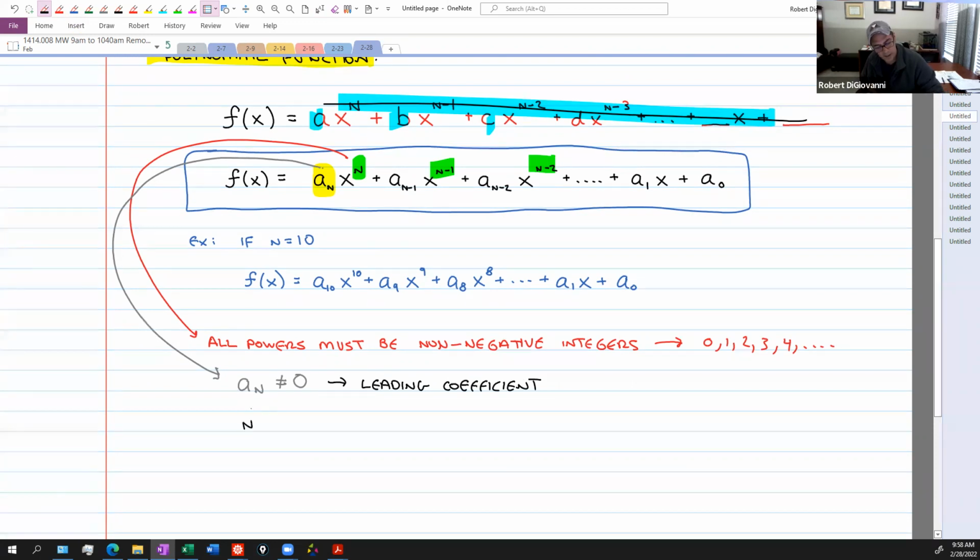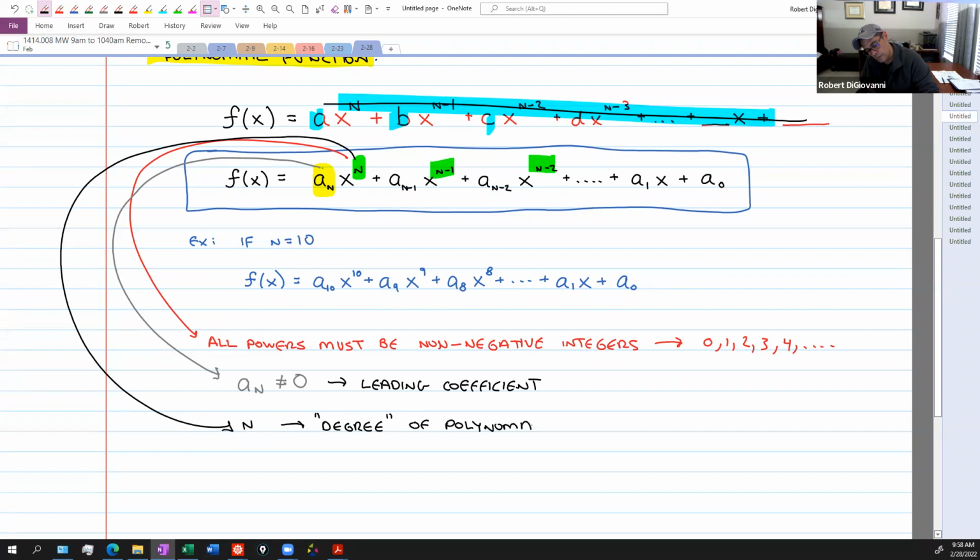And n, the power, whatever power we have right there, is called the degree of the polynomial. It's the highest power that we see.